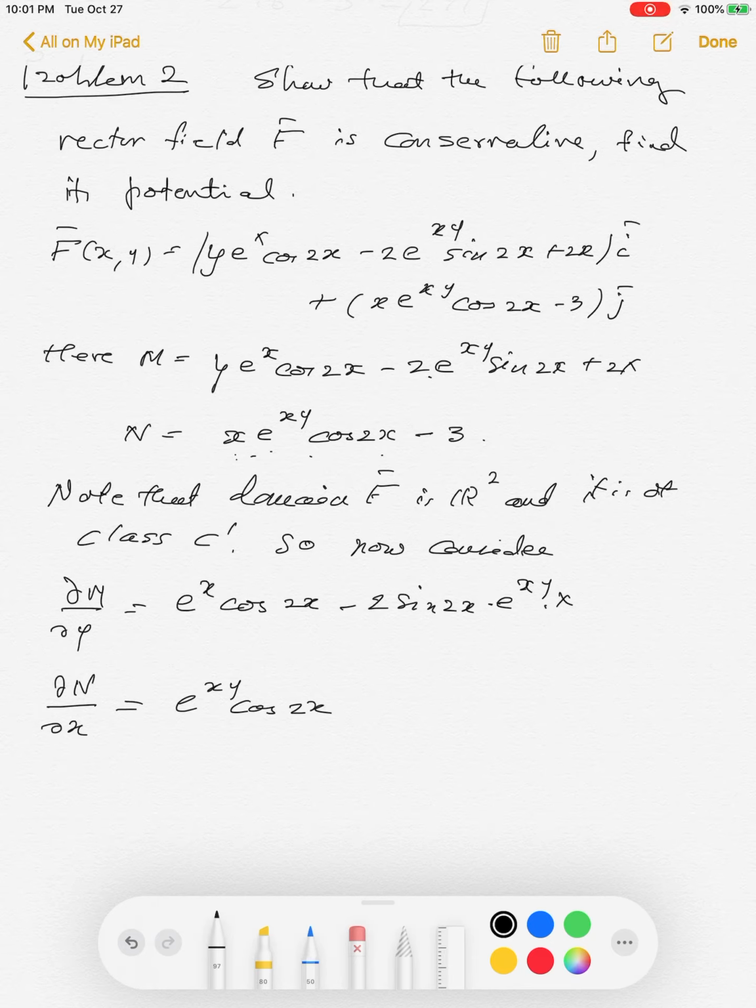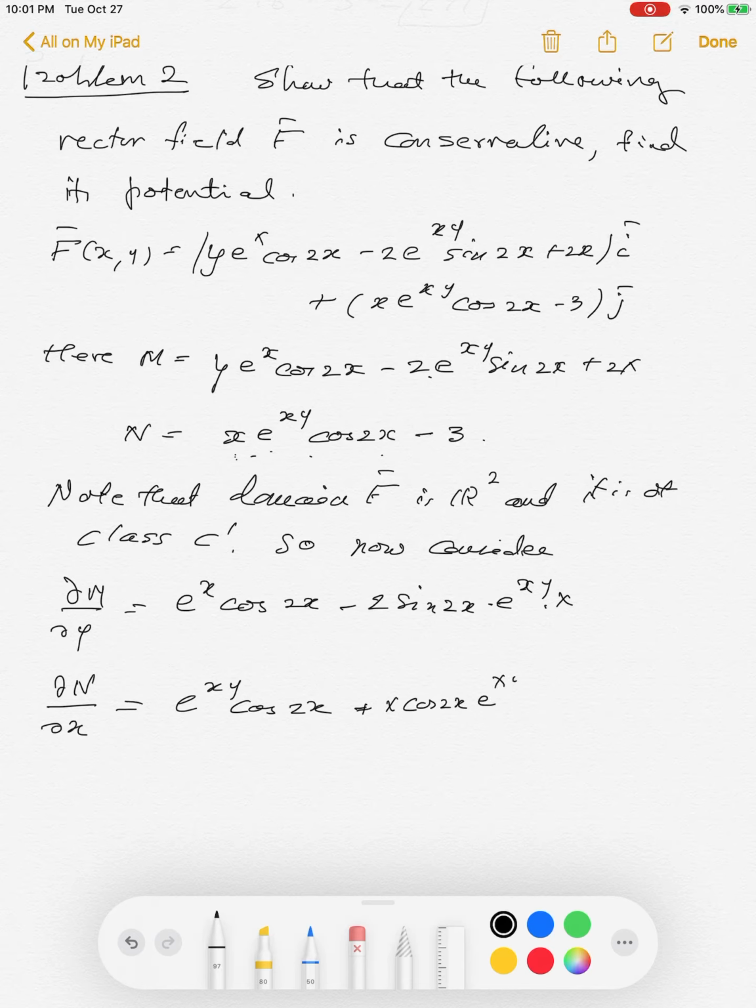So dn dx is e to the xy cos 2x, because when I differentiate with respect to x, that's what I get.